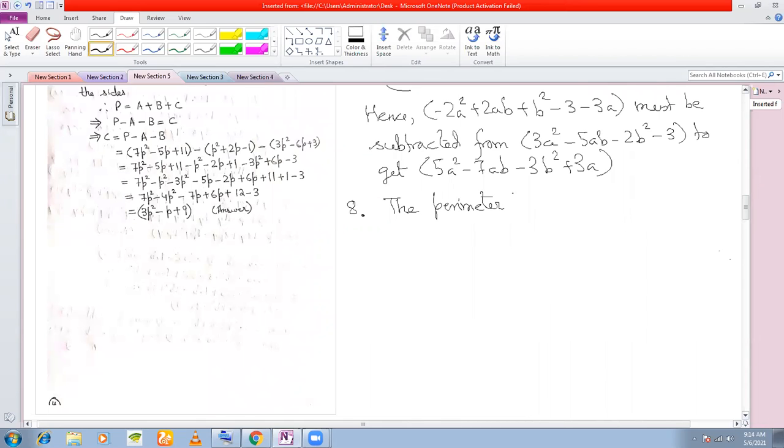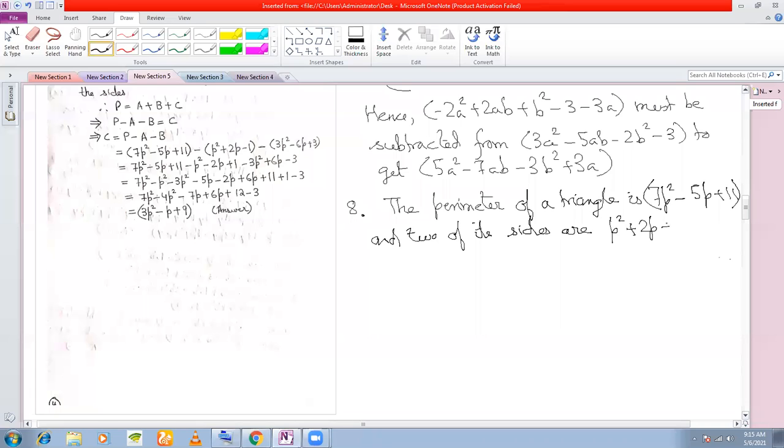Next, let us write the question. The perimeter of a triangle is 7p square minus 5p plus 11, and two of its sides are p square plus 2p plus 1 and 3p square minus 6p plus 3.